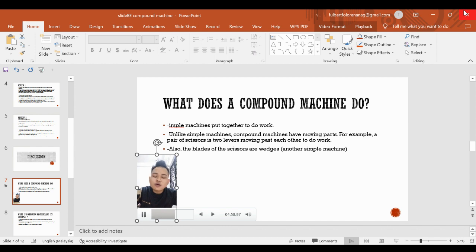Because all machines have moving parts and friction, they must use some of the work applied to them. Friction is a force that opposes movement between any two surfaces that are in contact.